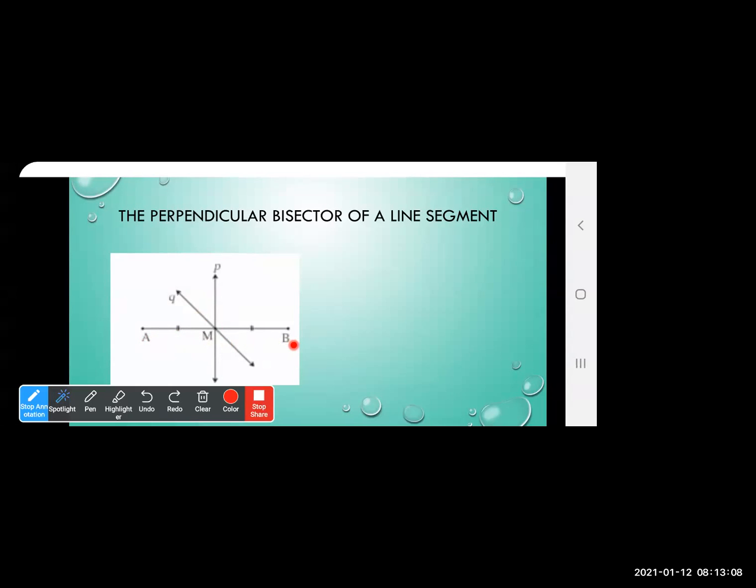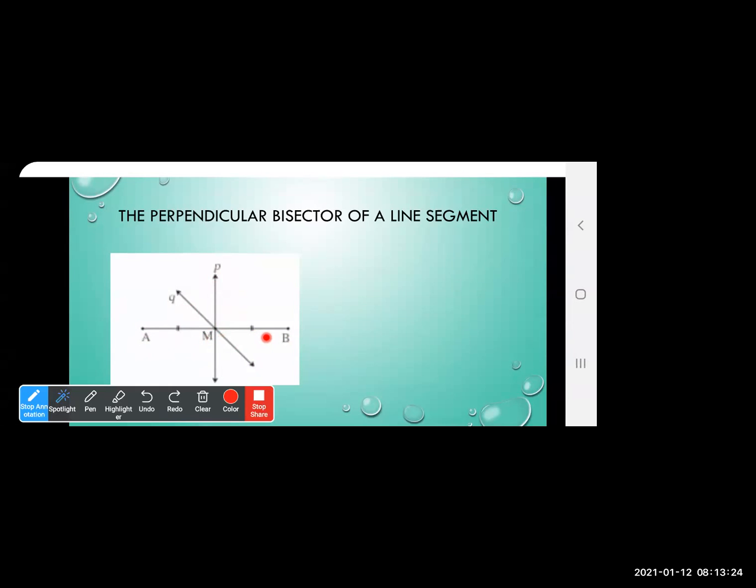Now we can say that line P is also a bisector and line Q is also a bisector. Why bisector? Because both lines are dividing the line segment AB into two equal parts.